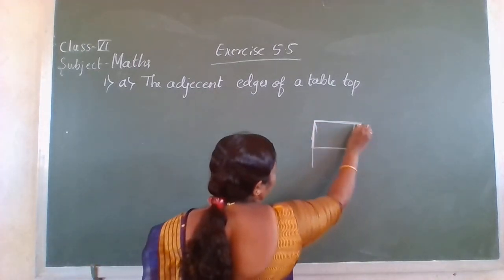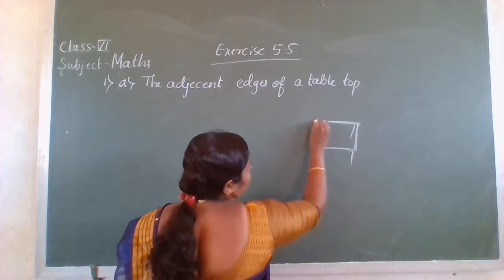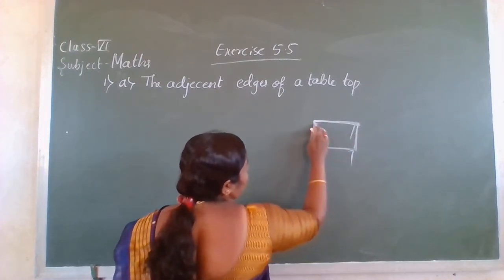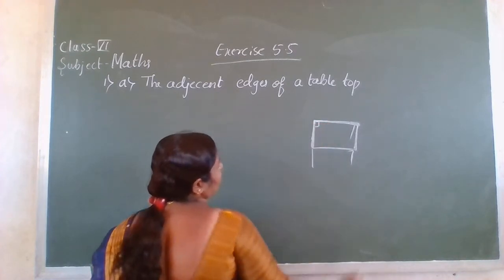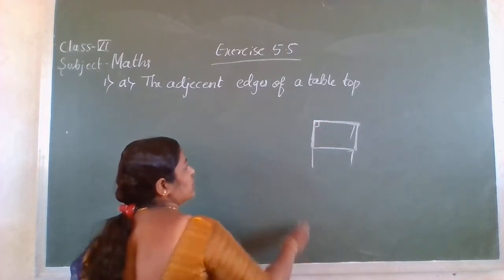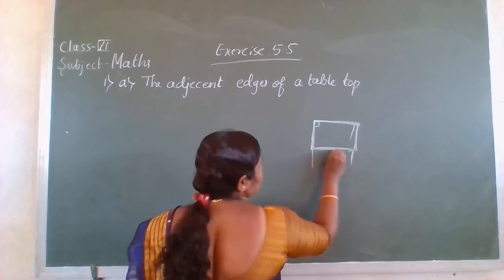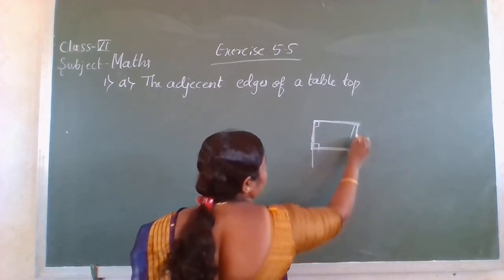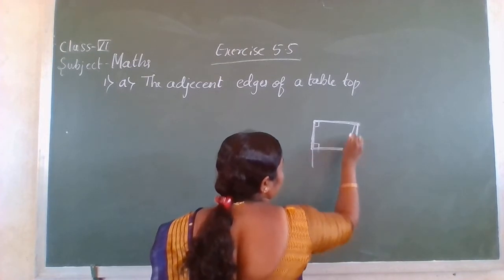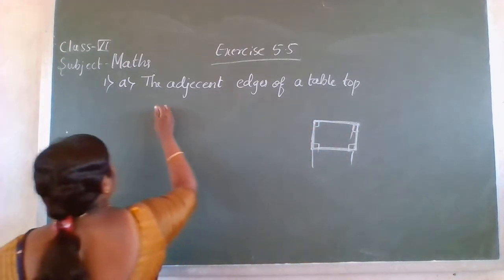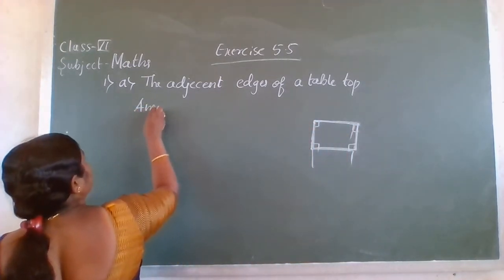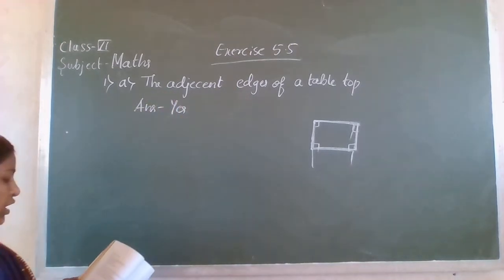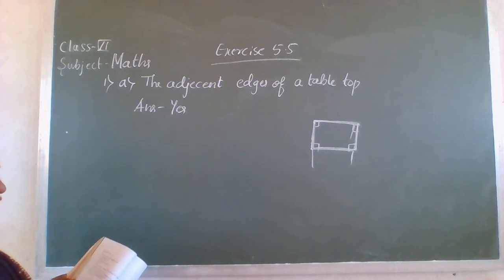Adjacent means they should meet in one point. This and this are the adjacent edges. Are they perpendicular? Yes. See this adjacent side, this one and this one. So this is the answer for the first one. Yes, these are perpendicular lines.